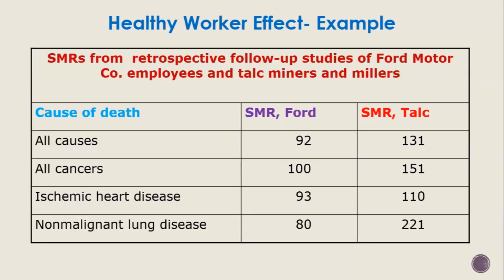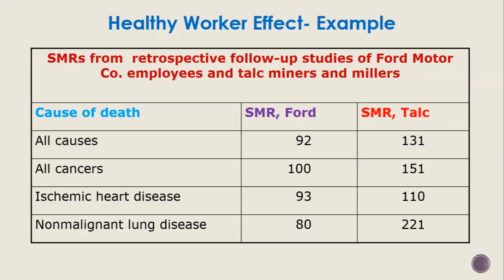Typically, the death rate in workers is less than in the general population. So if you have a workplace where workers are dying much more from a particular cause than in the general population, then you don't have to look far. There is something in that workplace which is causing the excess mortality among the workers.